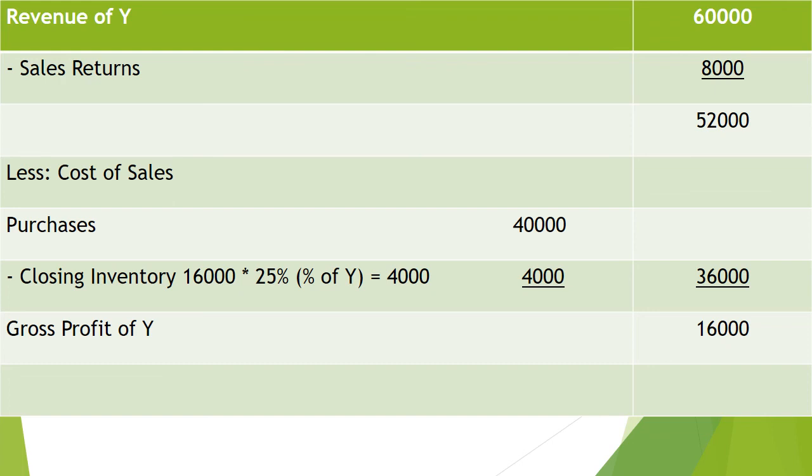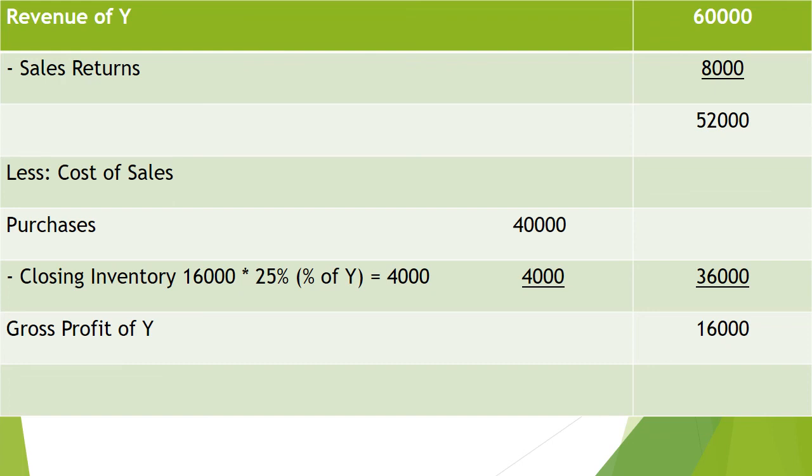Revenue of Y means sales 60,000 less sales returns 8,000, and the remaining revenue is 52,000, less cost of sales. Cost of sales is equal to purchases; there is no opening inventory, so we will take purchases less closing inventory. How will we calculate closing inventory?